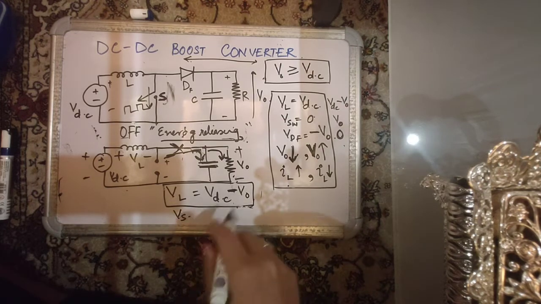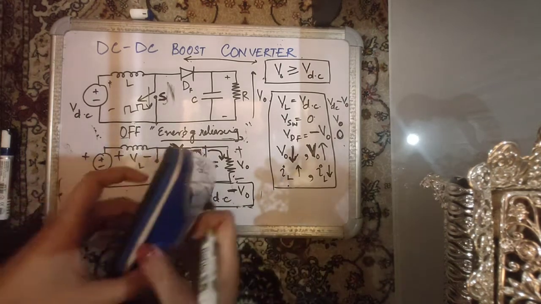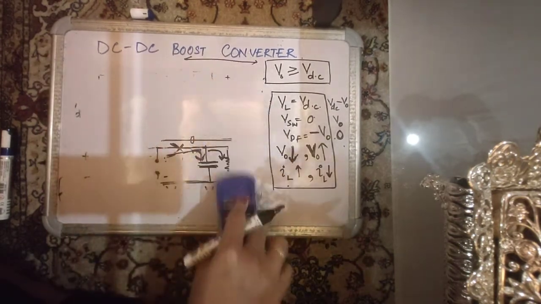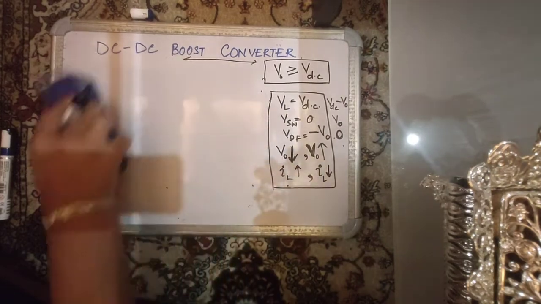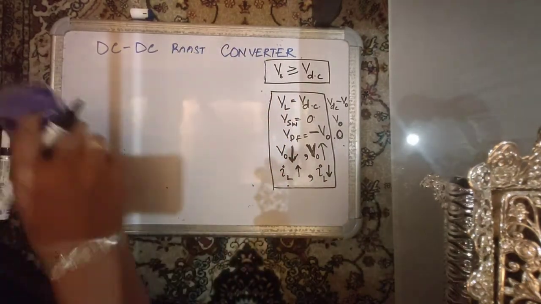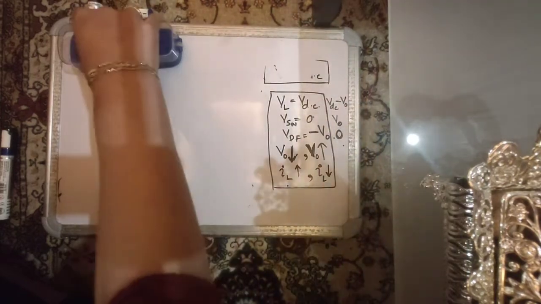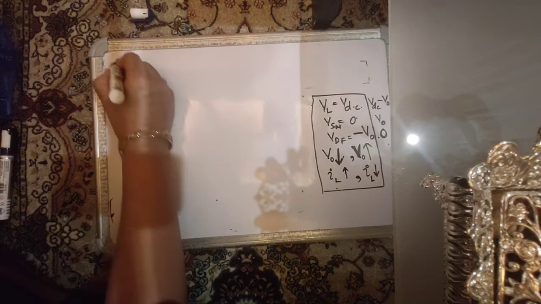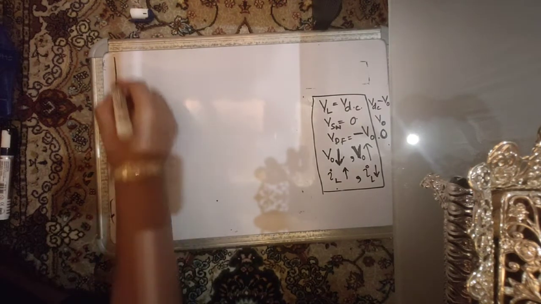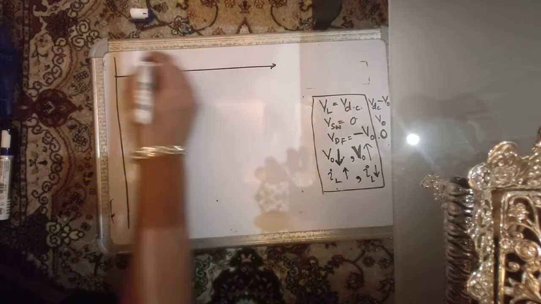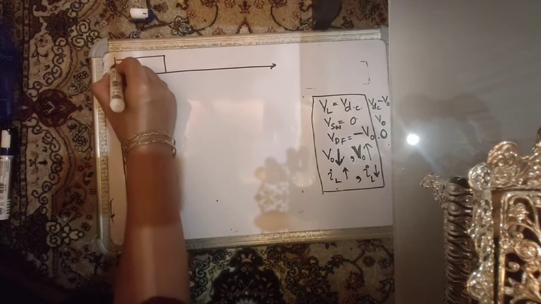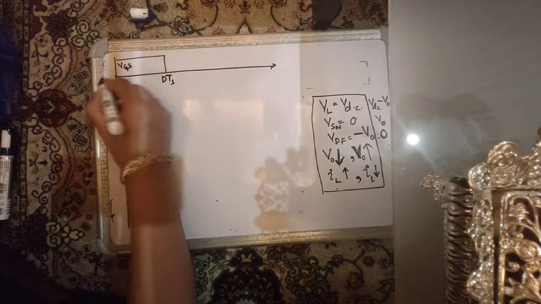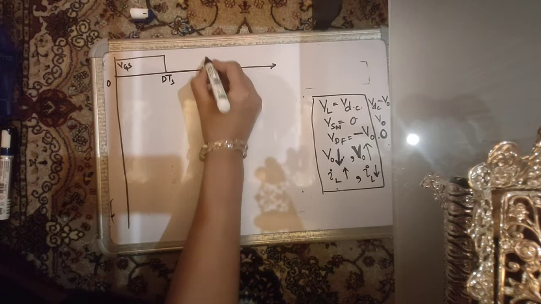What else? I think this is it. Now let's quickly draw the waveforms. We have this information with us. So if we draw the waveforms, we have 0 to DTS, the pulses, say VGS if you use a MOSFET. 0 to DTS, the pulse is high, and then DTS to TS, the pulse is low.